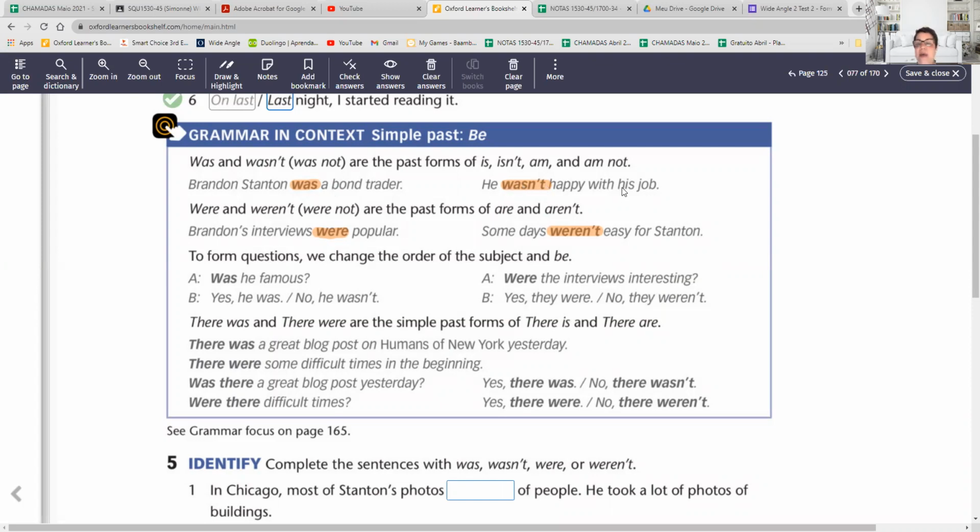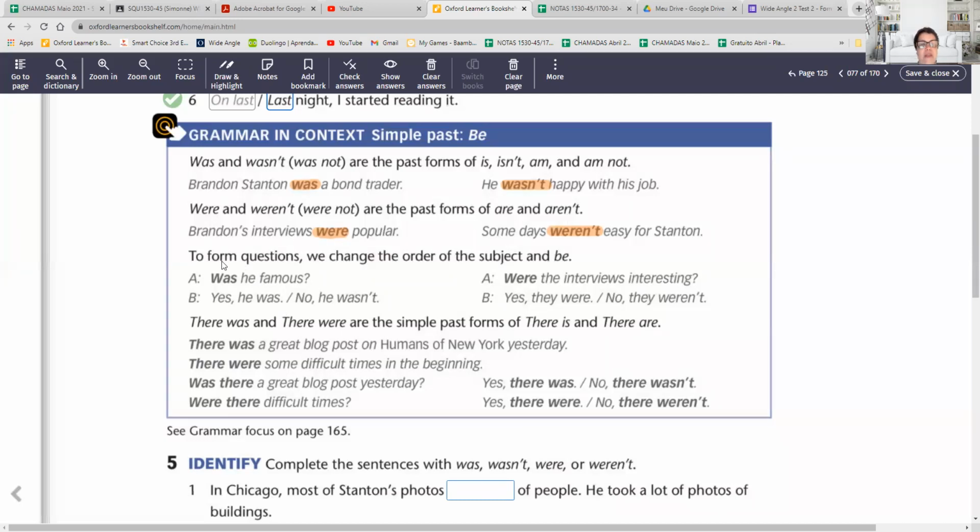He wasn't happy with his job. The next one. Brandon's interviews were popular. Some days weren't easy for Stanton. Okay, so let's see here. We have here were and weren't. Okay, guys, affirmative and negative. Okay, so they are past forms of are and aren't.